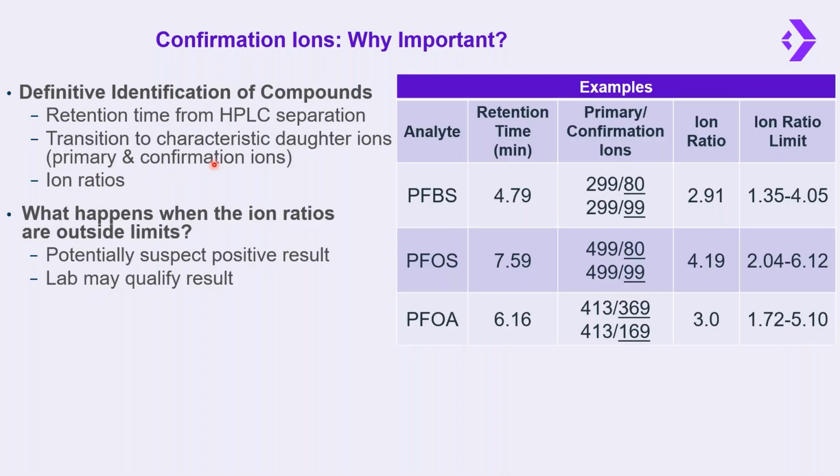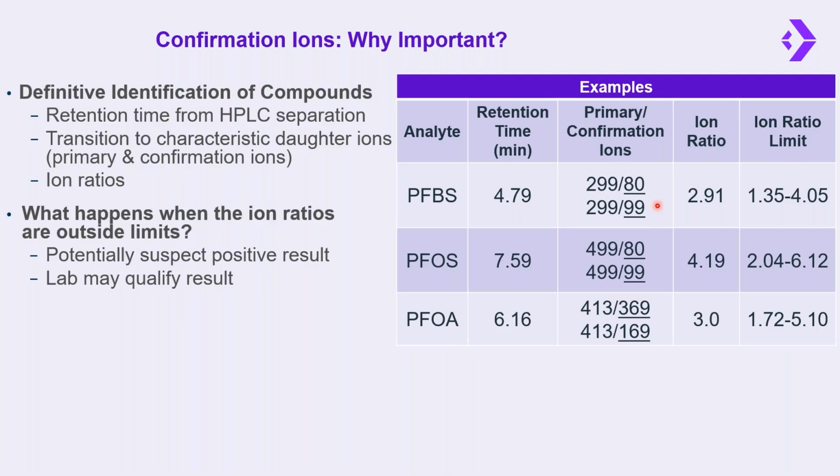So just looking at the table here as an example, in the first row we have PFBS. The retention time from the liquid chromatograph here is 4.79 minutes, and that's specific to PFBS. The parent mass of PFBS is 299, and the mass spectrometer is going to break this down into primary ion 80, confirmation ion 99.